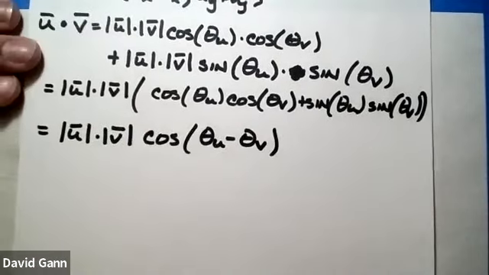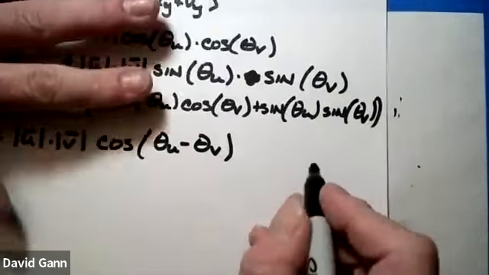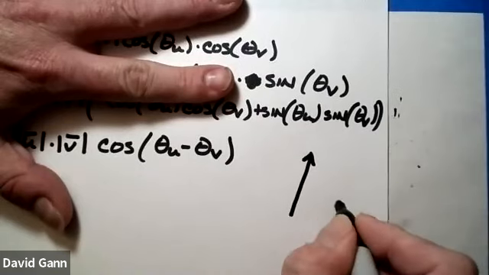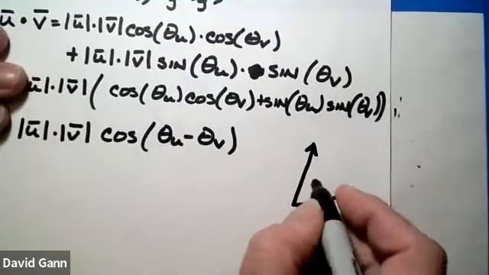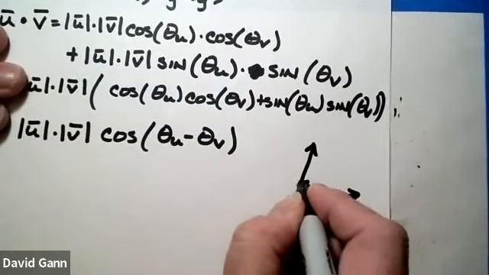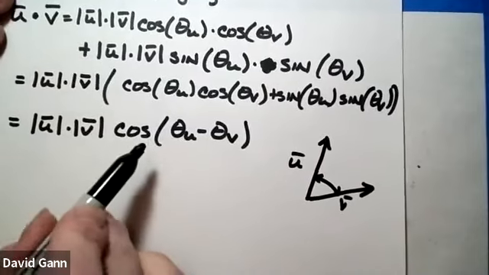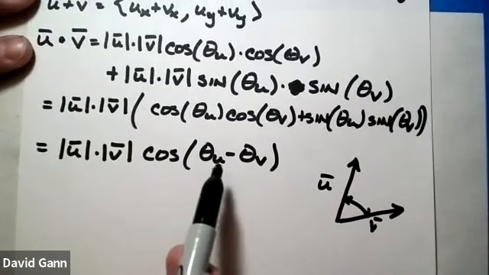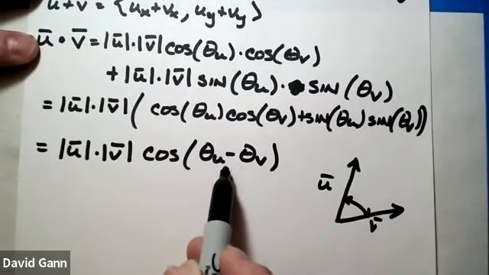And so the net result is that if you wanted to know the angle between two vectors, let me just draw a picture over here. If you've got two vectors, who knows what their actual directions are, and you just want this angle, so this is u and v, then you might just solve this equation for the difference in directions.